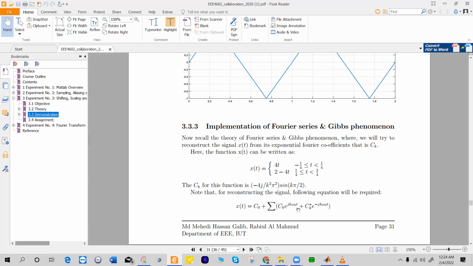This we already know. So our task will be to first plot this time domain signal, and then using this equation, we will find different frequency components for different values of k, and then we will add them to retrieve back our x t.